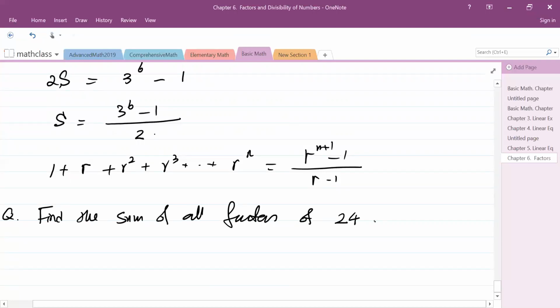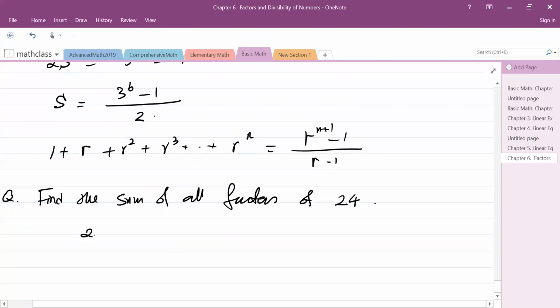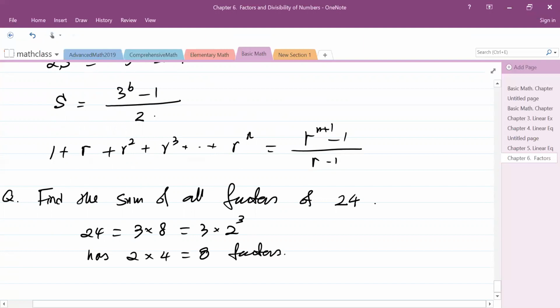Now, first of all, how many factors does it have? 24 is 3 times 8, 3 times 2 cubed, right? So it has 2 times 4, 8 factors.